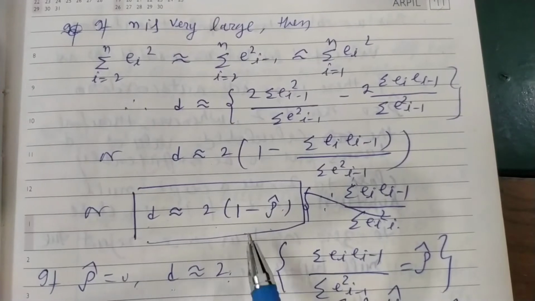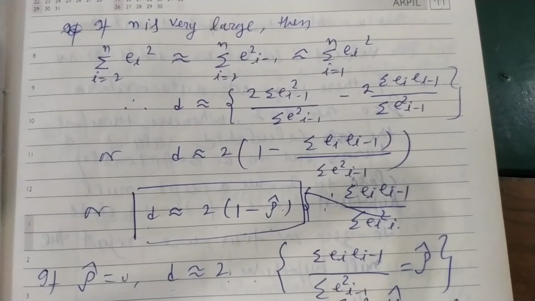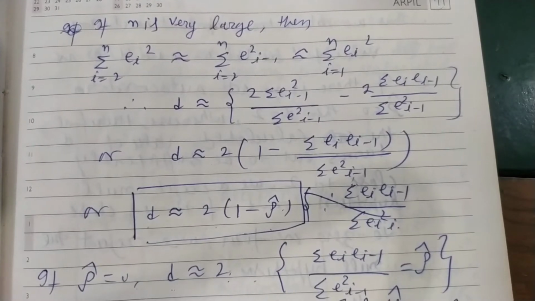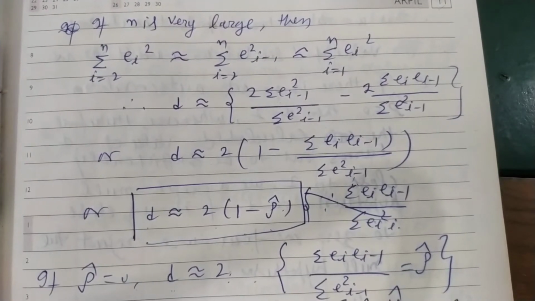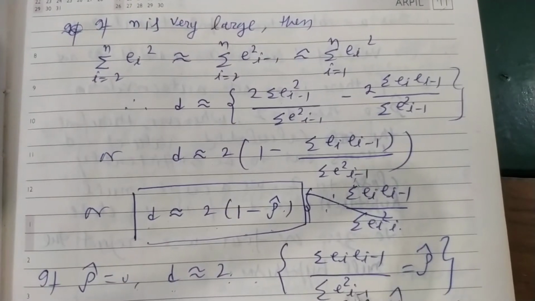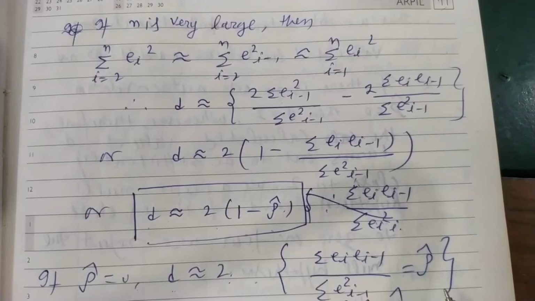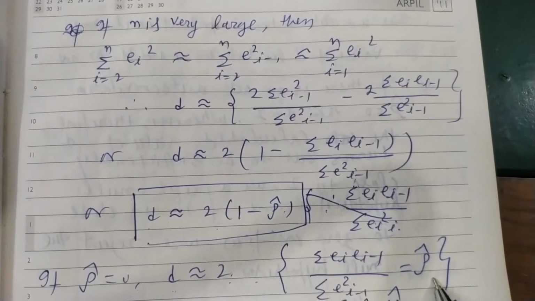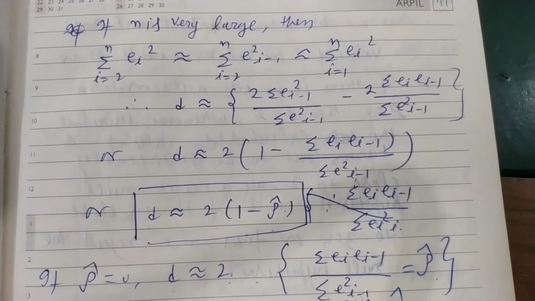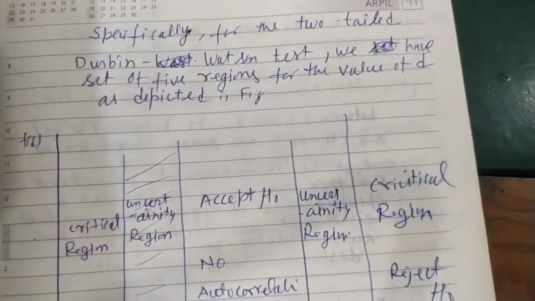If rho is equal to 1, d is approximately equal to 0 means autocorrelation. If rho is equal to minus 1, d is equivalent to 4. Here rho is the first order autocorrelation.